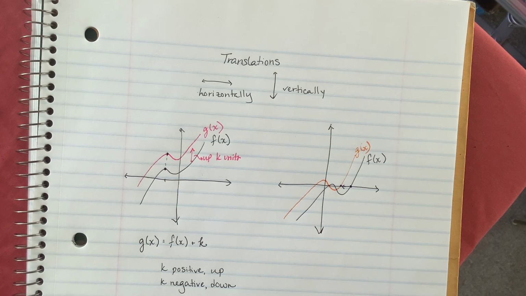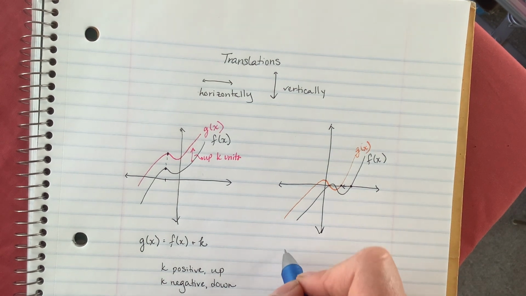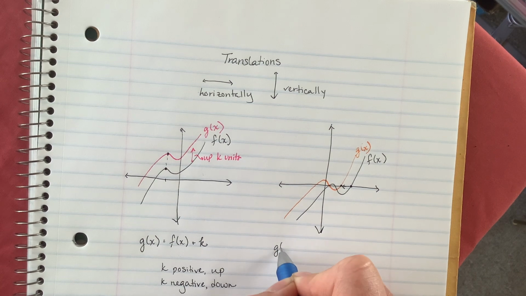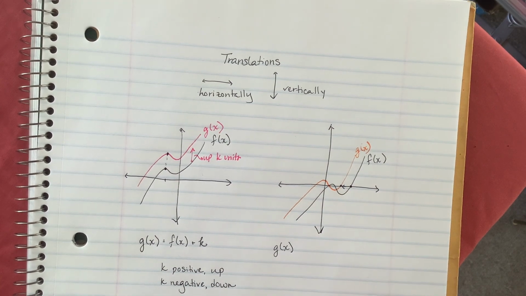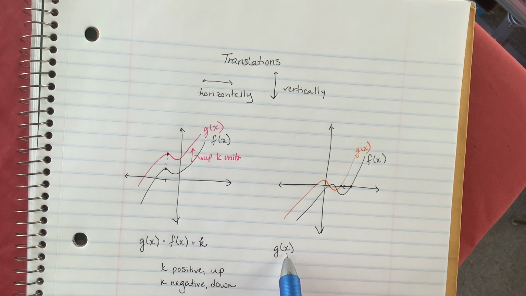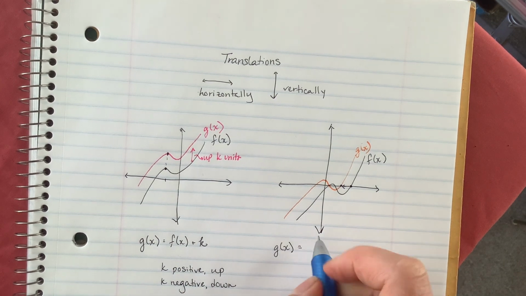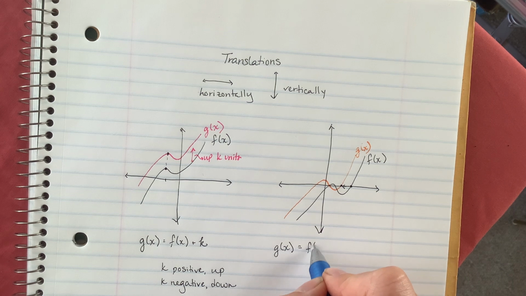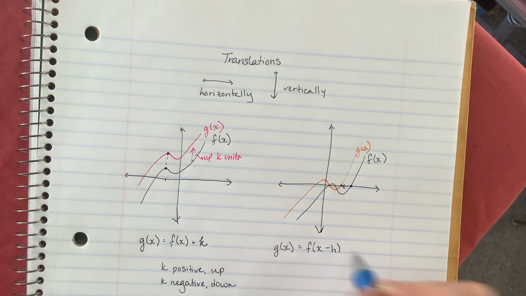Since we're affecting the x values instead of the y values, that means the input of our function is going to change rather than the output. So when we find our value for g of x, instead of adding something to the output the way we did here, we're going to be modifying the input. And our equation will be f of x minus h.